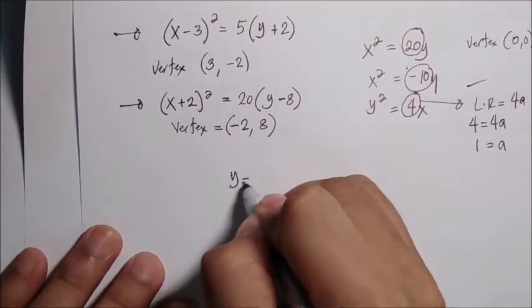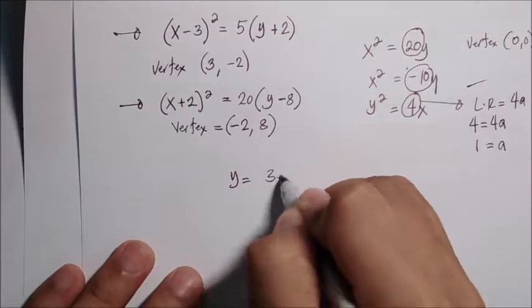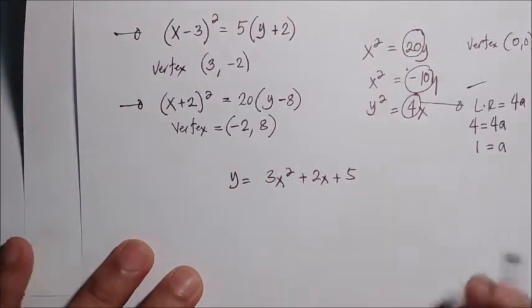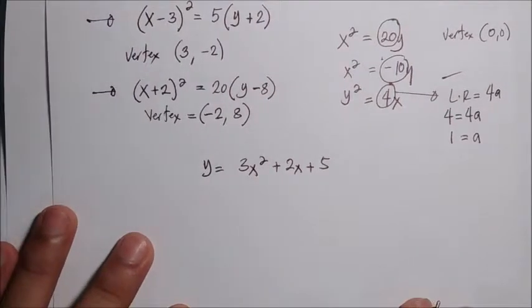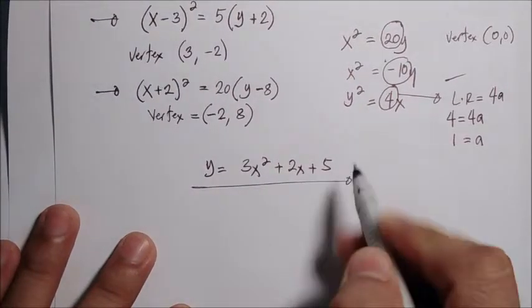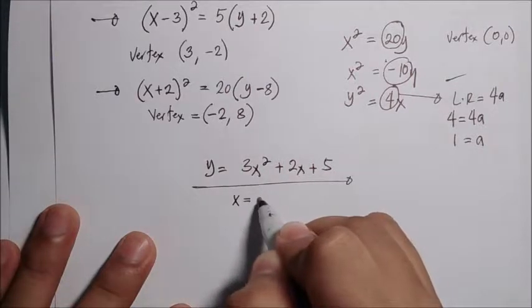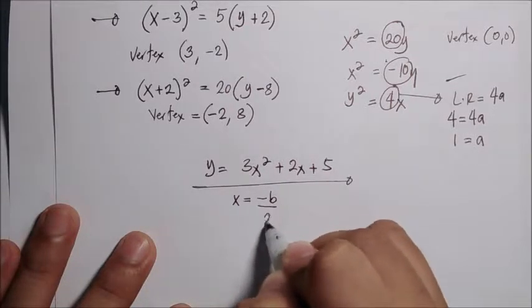we have y equals 3x squared plus 2x plus 5. Okay, if given this one, your x is equal to negative b over 2a.